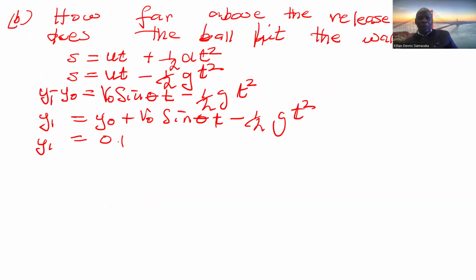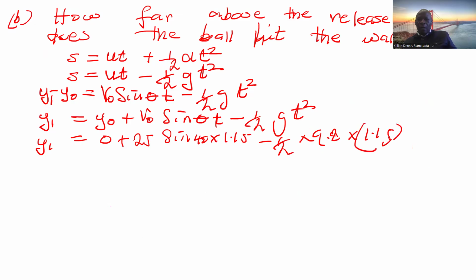And then plus, we can now substitute: 25 multiplied by sin 40 multiplied by the time that we calculated, which is 1.15, minus half multiplied by 9.8 multiplied by 1.15 squared. And therefore, what you get as the height above is actually 12 meters.